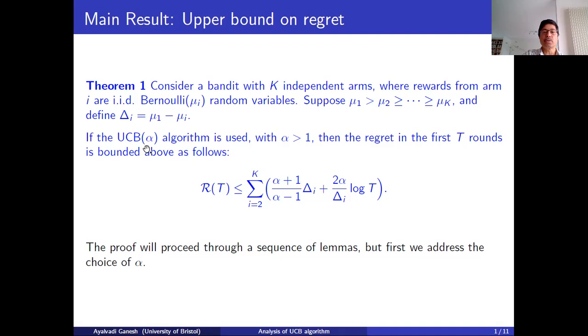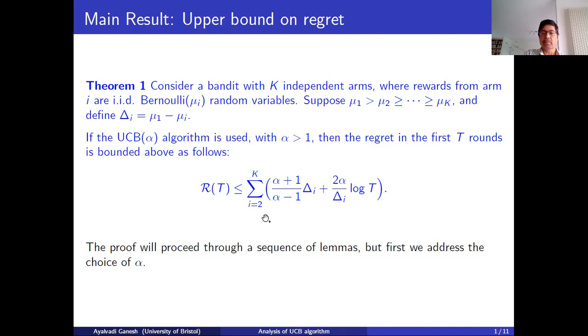So if we use the UCB algorithm with parameter alpha, and we suppose now the algorithm is defined for all alpha positive, but we are going to assume that in fact alpha is bigger than 1. And if that is true, then the regret incurred in the first t rounds is bounded above by this expression.